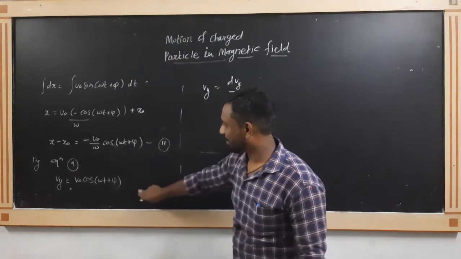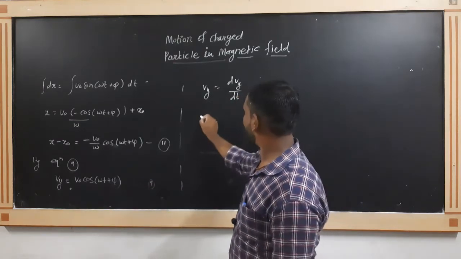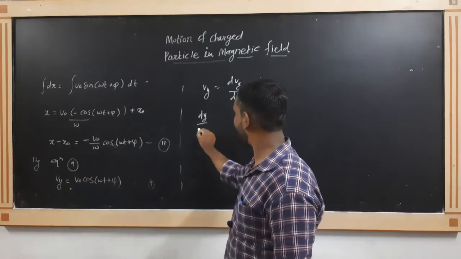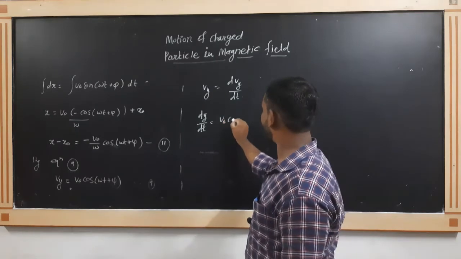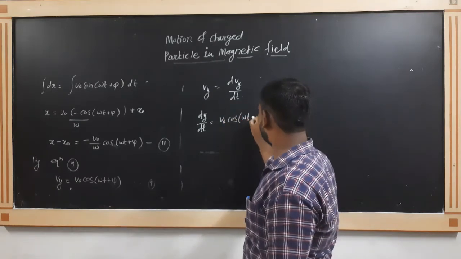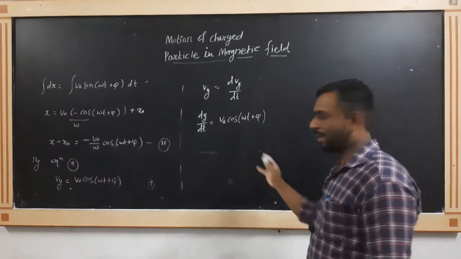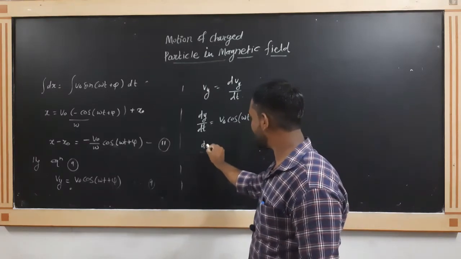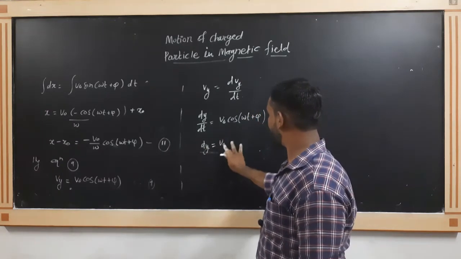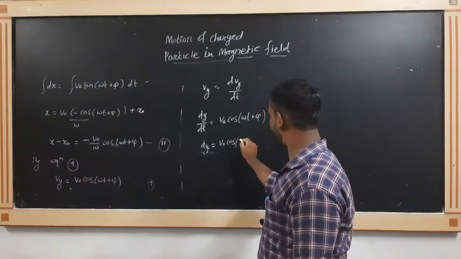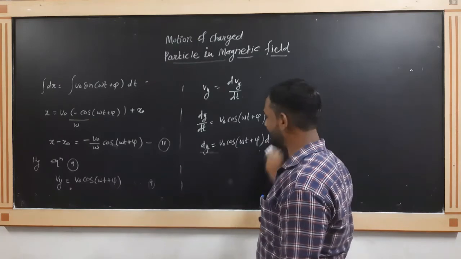So using this in equation number 9, dy by dt equals v0 cos of omega t plus phi. Multiply both sides of the equation by dt, so we get dy is equal to v0 cos of omega t plus phi into dt.